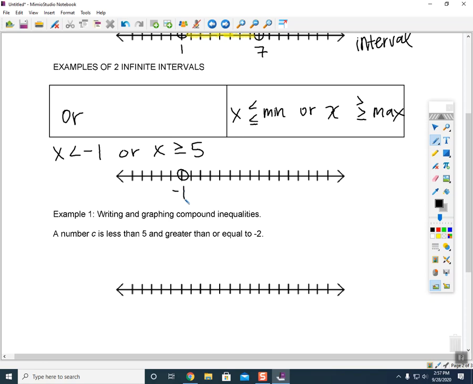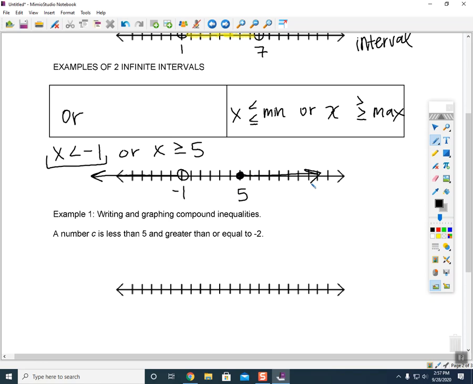If I were to just graph x is less than -1 on its own, I would know my arrow needs to be pointing to the left. Or x is going to be greater than or equal to 5, so I would have a closed dot here on 5. X is greater than or equal to 5 means that my arrow is going to point in the right-hand direction.